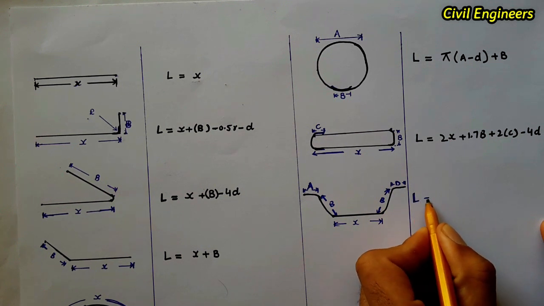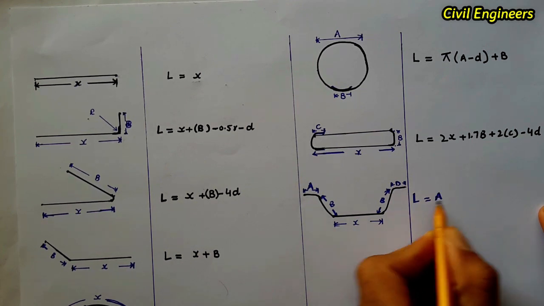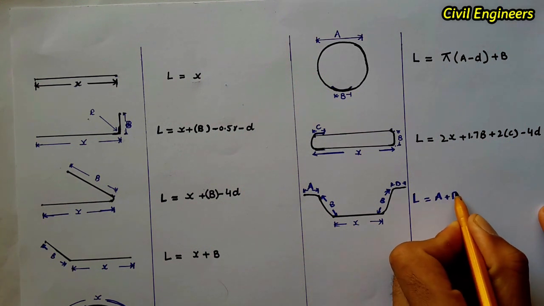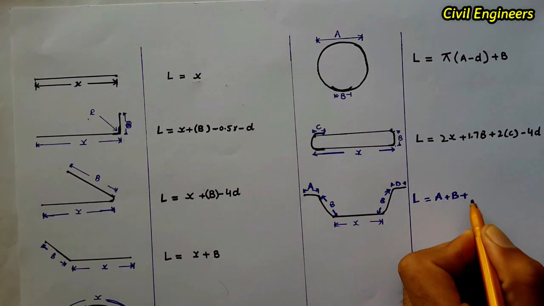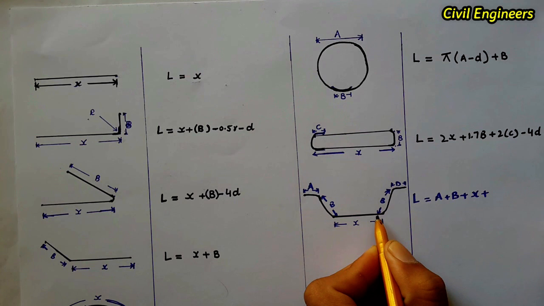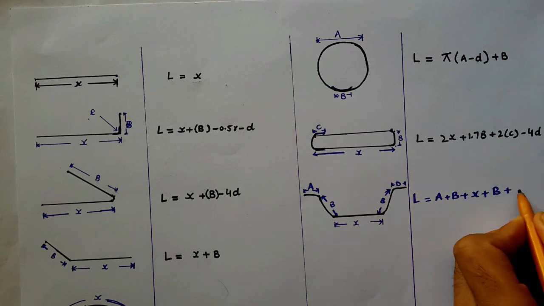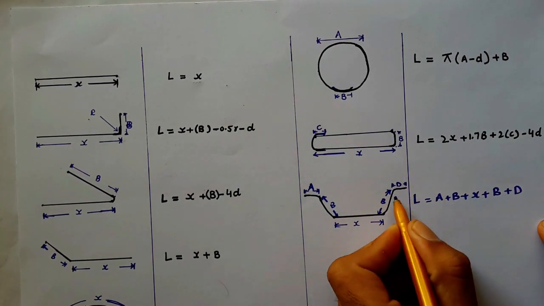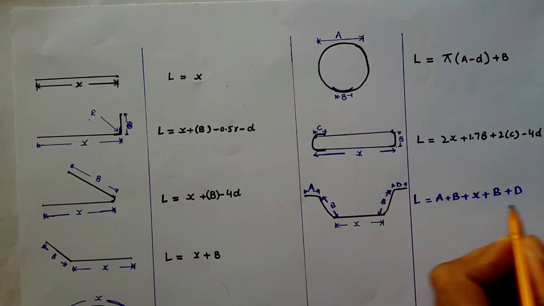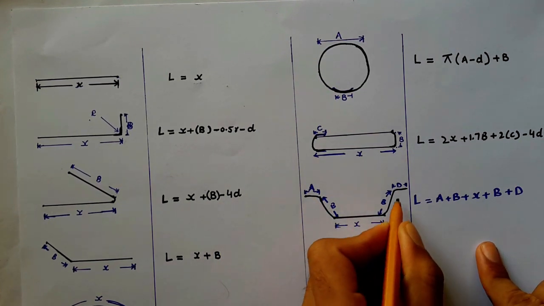L is equal to, starting from this point, A, this value from this point to this one, plus B, and plus X, plus B, and plus D. Here you can subtract the bends, at this point, this point, this one, and this one.